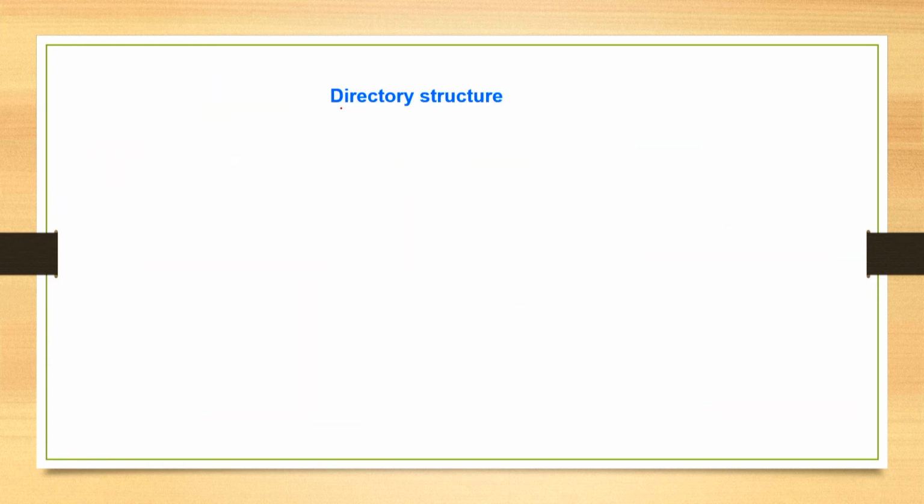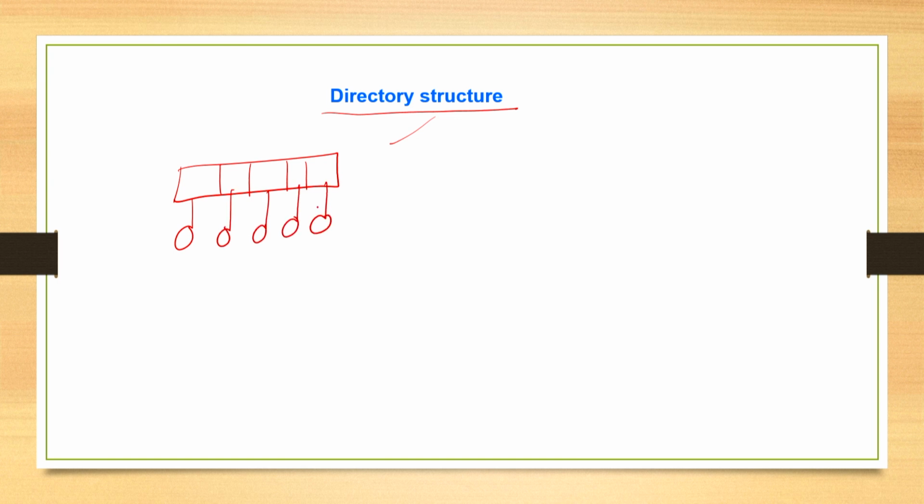When we come to the directory, the directory structure may be of different types. It may be single level, where the directory simply points to the files. This is the single level.